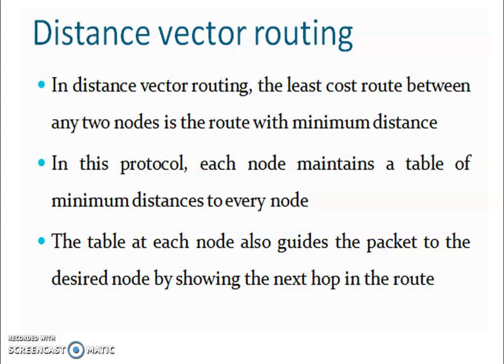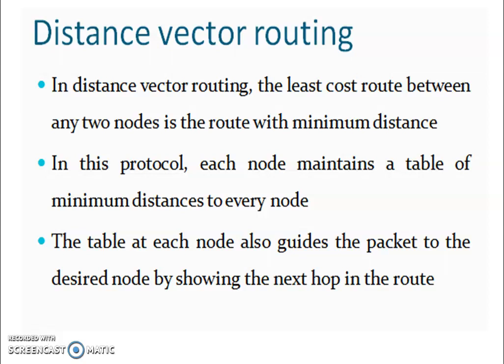The basic problem of routing is to find the least cost path between any two nodes, where the cost of the path equals the sum of the cost of all the edges that make up the path. So coming to distance vector routing, as the name implies, the metric used here, or the cost used here, is the distance between two nodes.